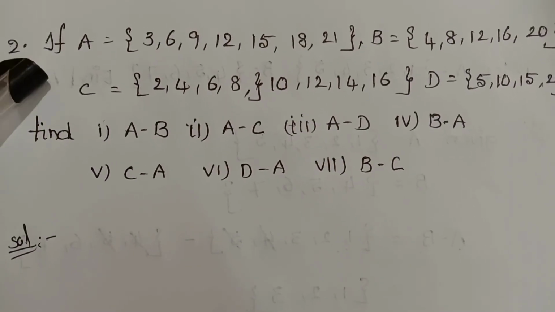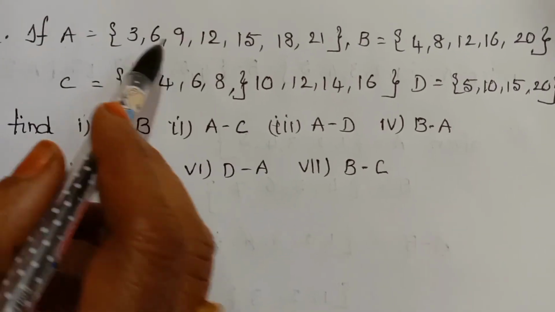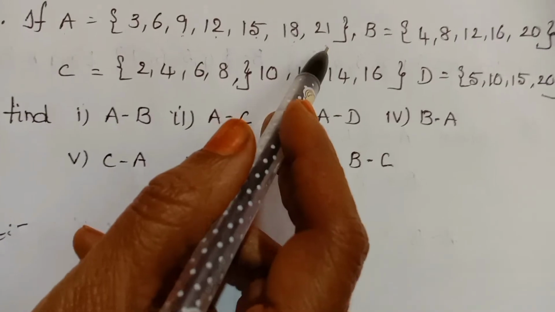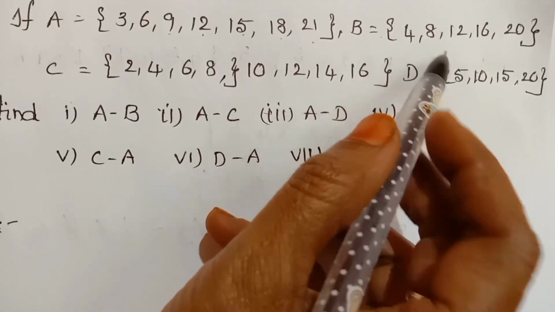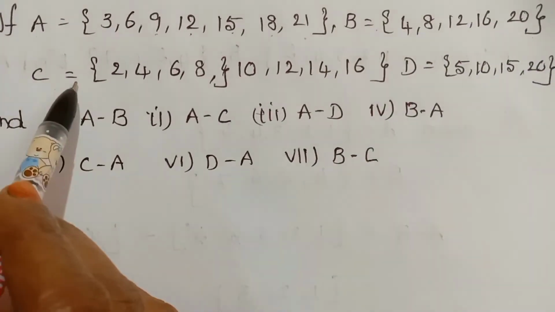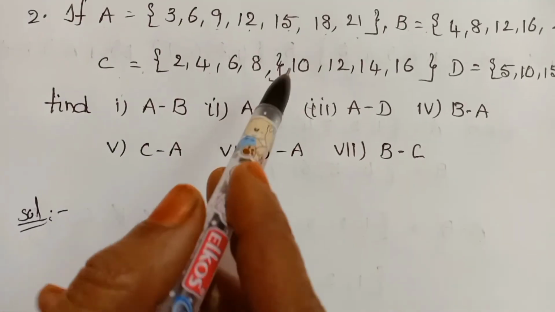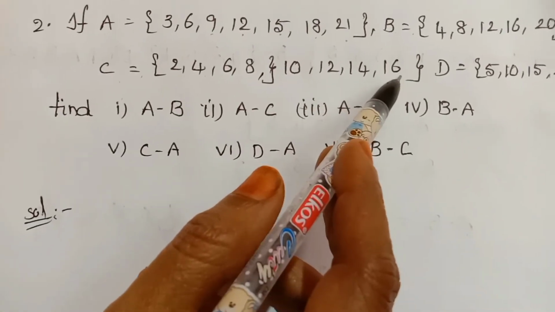Another example. A is equal to 3, 6, 9, 12, 15, 18, 21. B is equal to 4, 8, 12, 16, 20. C is equal to 2, 4, 6, 8, 10, 12, 14, 16.